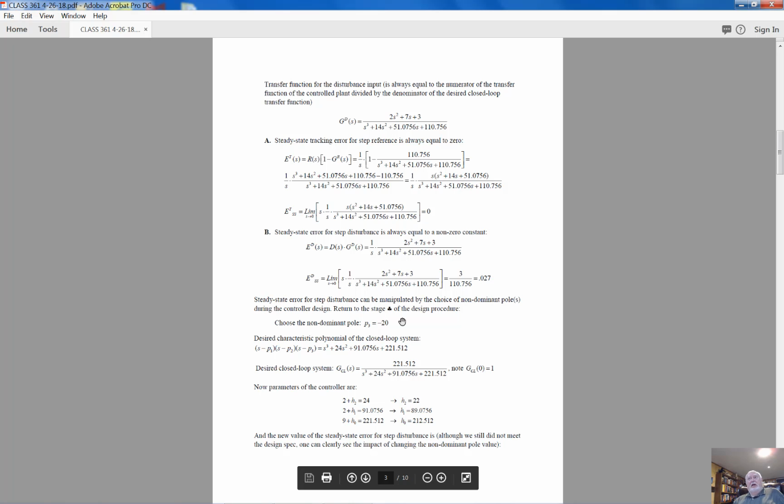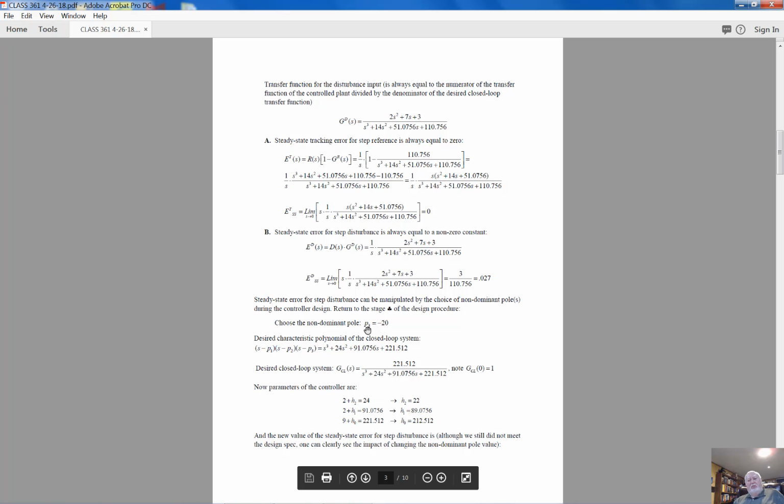You know that the error could be manipulated by the choice of non-dominant poles. And I will show you just part of this manipulation. Initially, the non-dominant pole was chosen to be minus 10, excuse me.